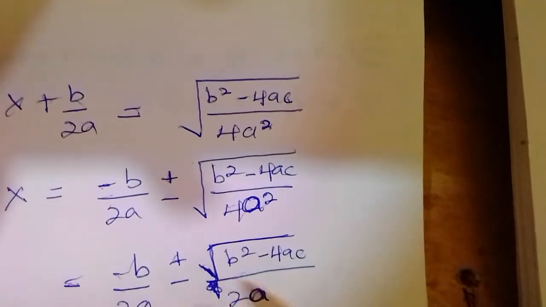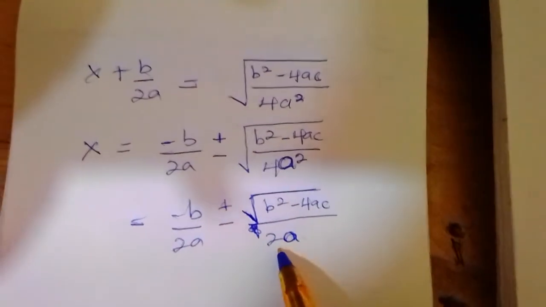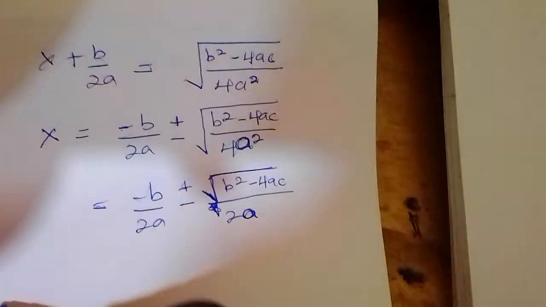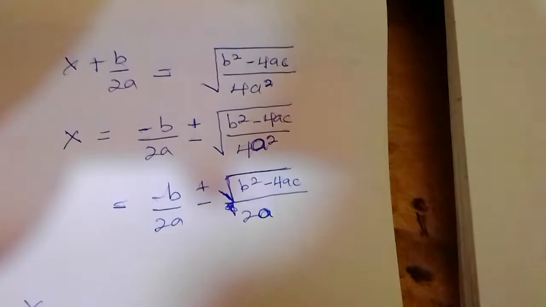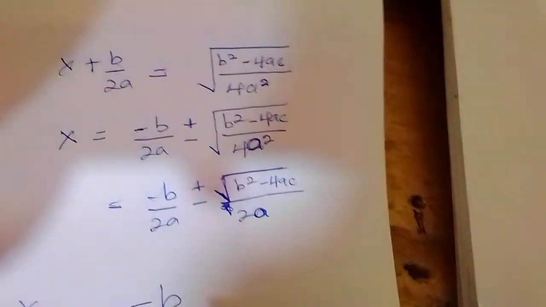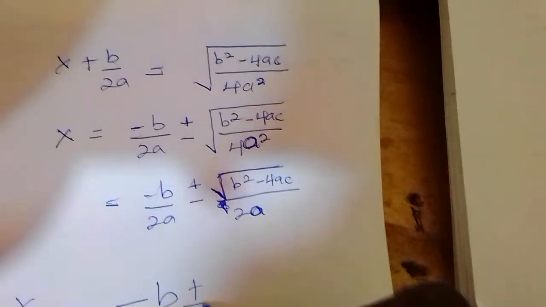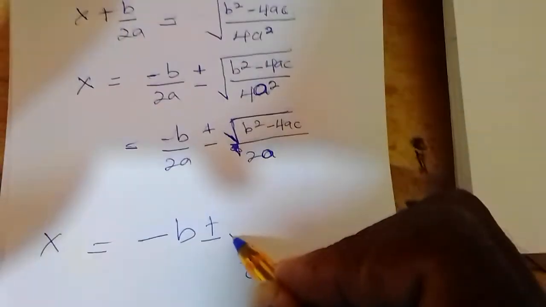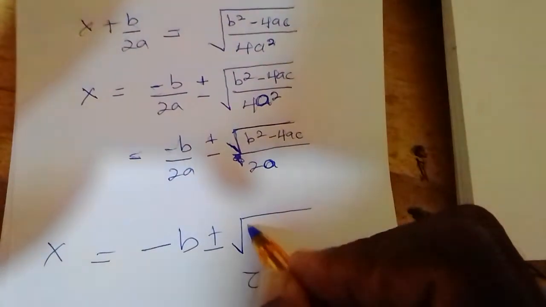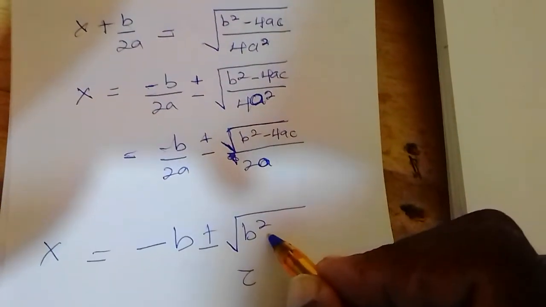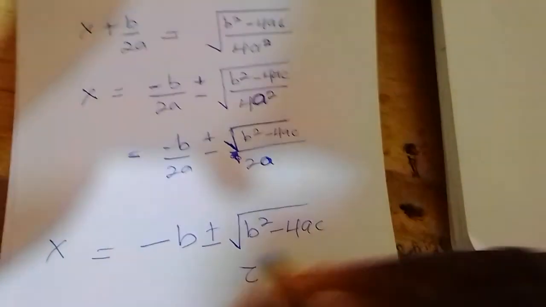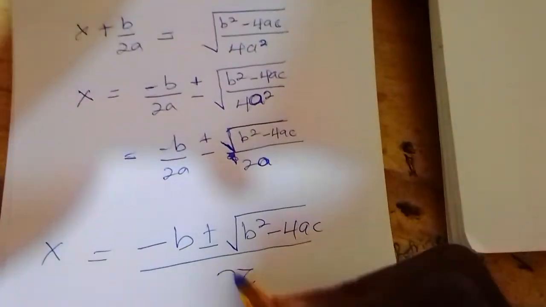Now since these two have the same denominator, we can merge them to have x equal to minus b plus or minus square root of b squared minus 4ac all over 2a.